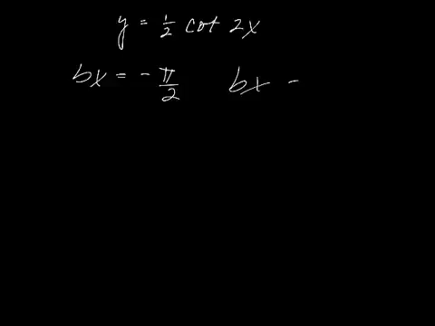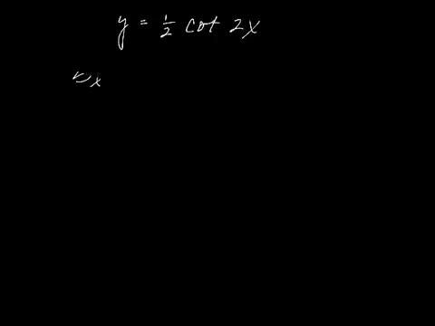Okay, so when we have a cotangent, y equals 1/2 cotangent of 2x. Now if you look back on page 161, step 1, we were using for tangent bx equals -pi over 2 and bx equals pi over 2 in order to find the asymptotes. Okay, for cotangent, it's a little bit different.